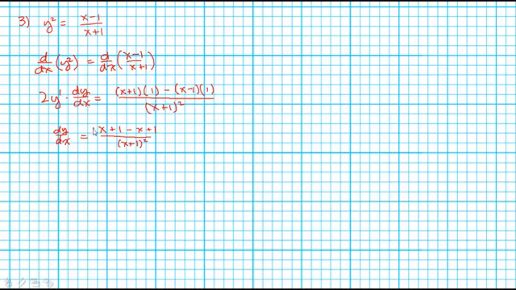And again, multiplying this by 1 over 2y. Cleaning up the top, those two x's cancel, giving us 2 over 2y times x plus 1 quantity squared, those two cancel, leaving us 1 over x plus 1 squared. Sorry, forgot the y. y times x plus 1 squared. That's problem number 3.